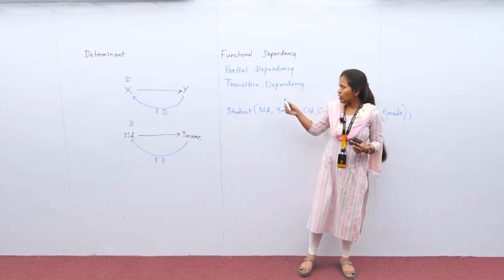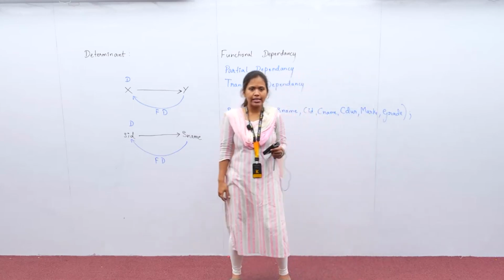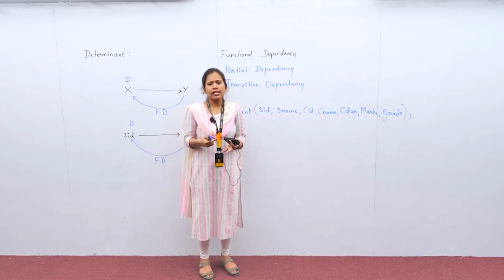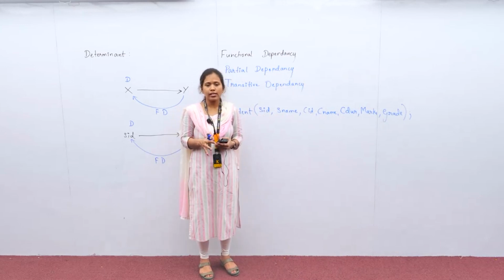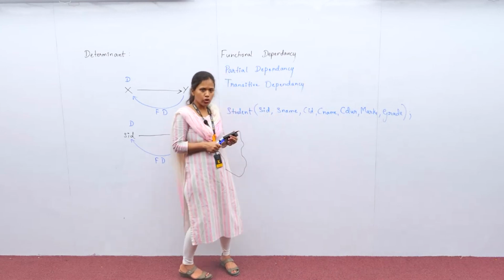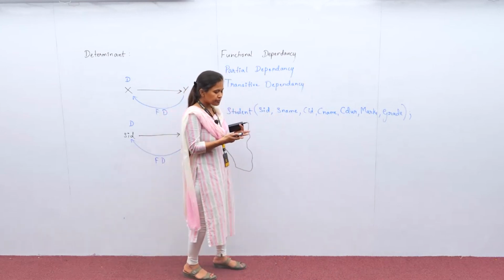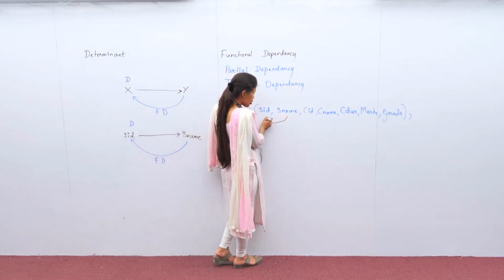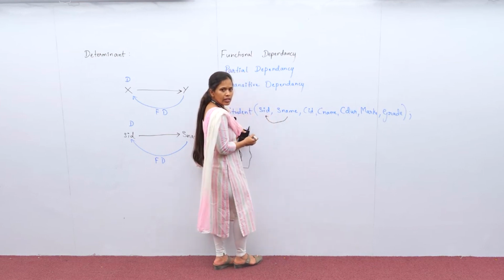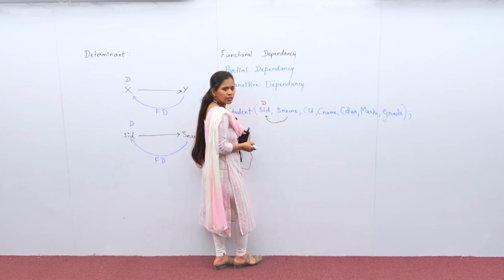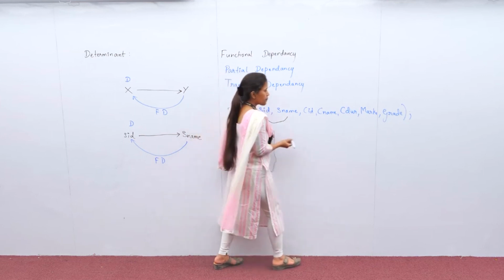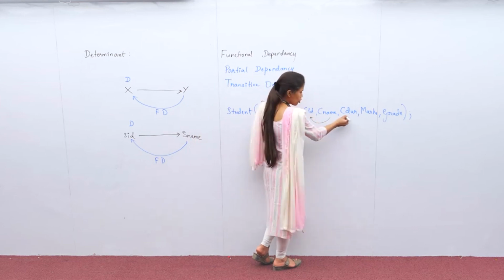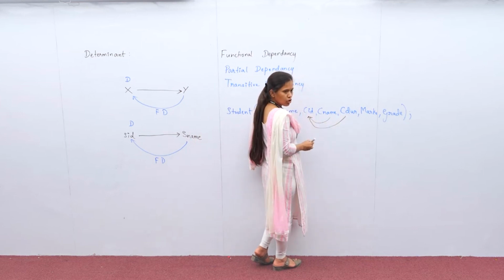Okay. Now coming to this, I have to tell you about partial dependency and transitive dependency. So what is partial dependency, or what is transitive dependency? Dear students, kindly observe this relation. Student name is dependent on student ID. Can I tell this is a determinant? Yes or no? Yes. Course name is dependent on course ID. Even course duration is also dependent on the same course ID.